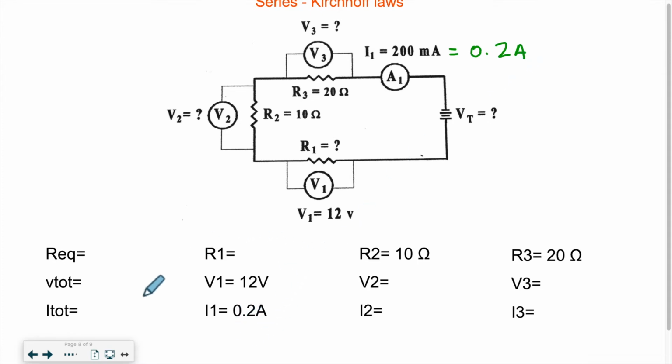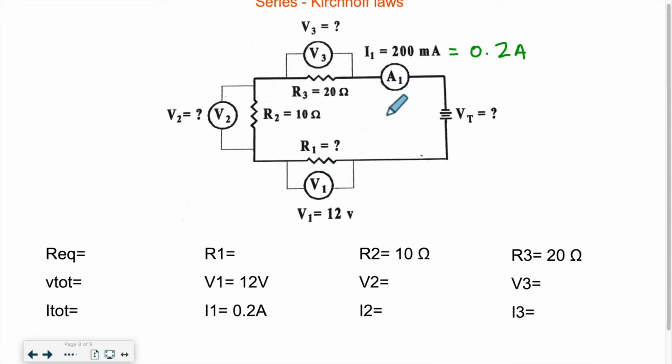Once I've written all my information down, the next step would be to ask, what is always equal everywhere in a series circuit? Let's start with the easy stuff. I know my current is always constant because there's only one pathway. It's always the same electrons traveling around the loop.